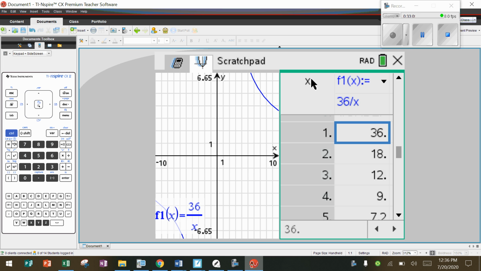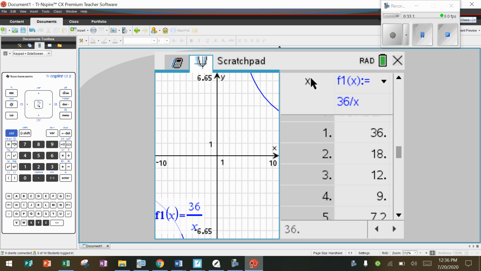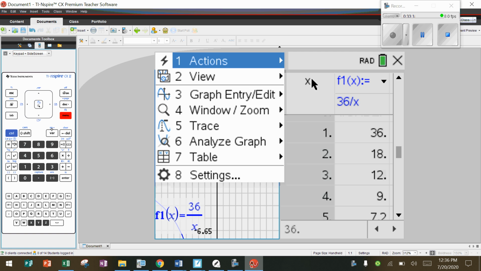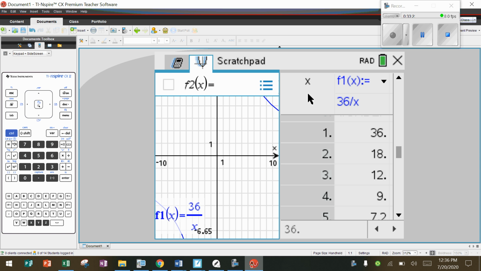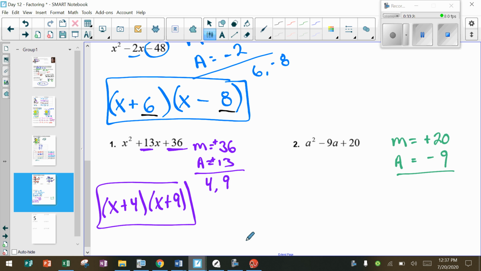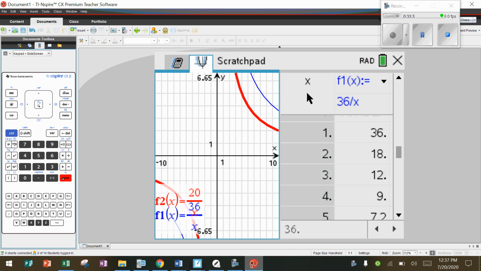I can go back to my graph, and what I want to do is get a new entry. So F2, what are we doing here? Positive 20. So we want 20 divided by x. Enter.